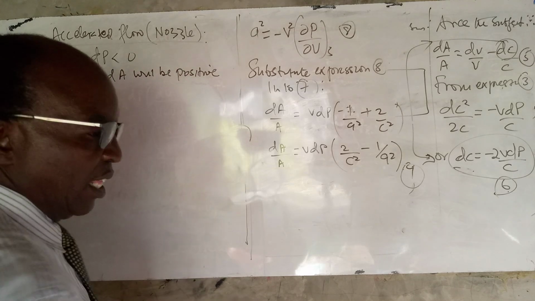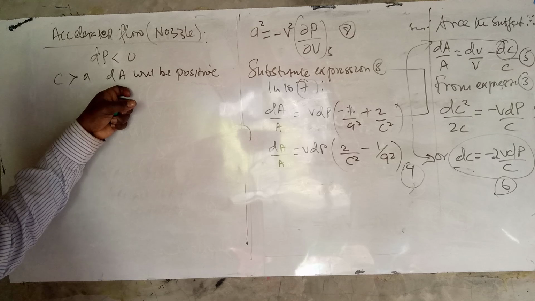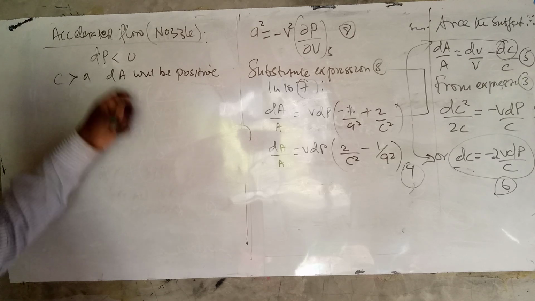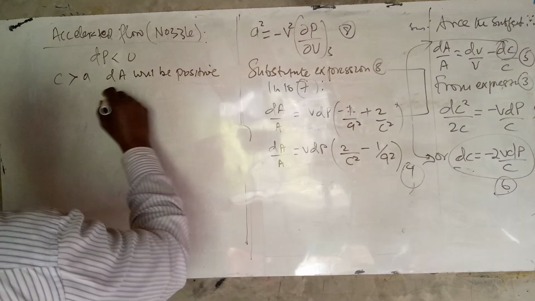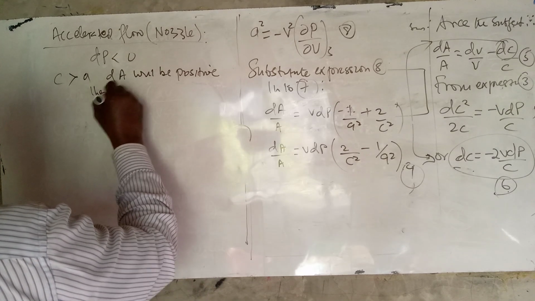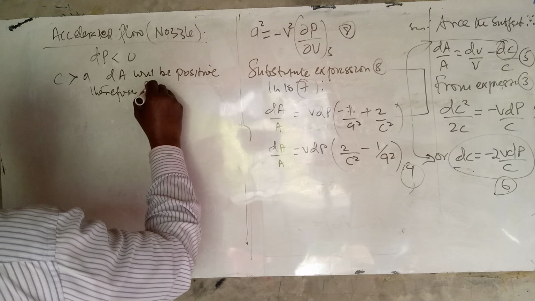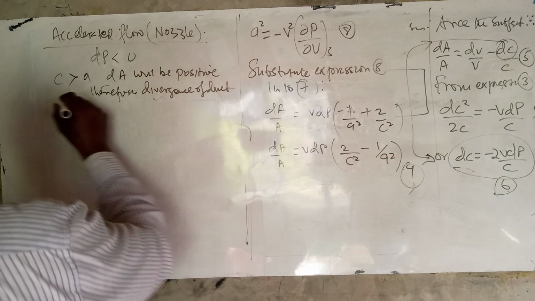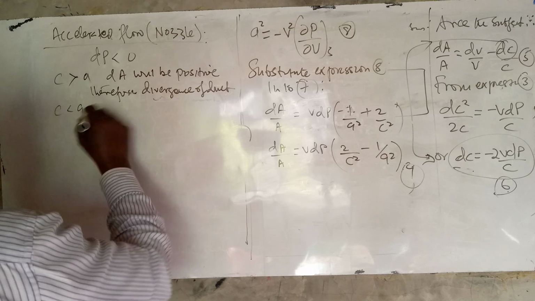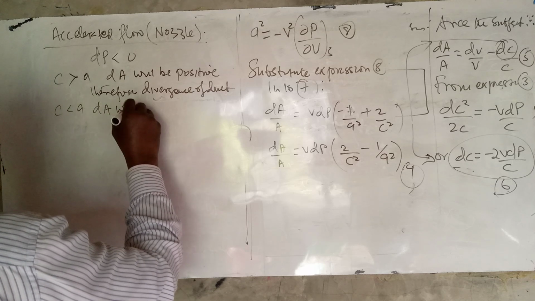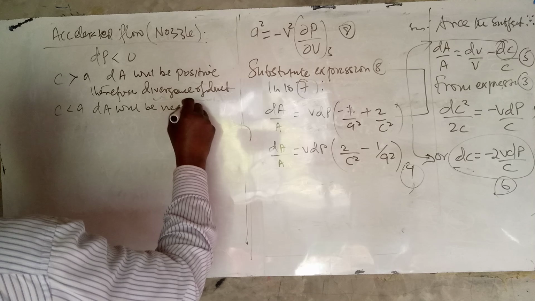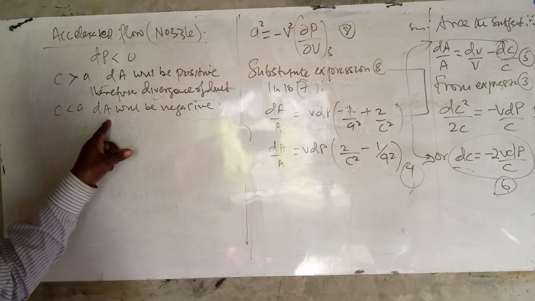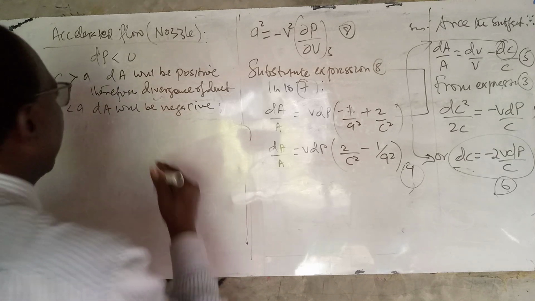It means that the final area is greater than the initial area, so we have divergence of the duct. And when C is less than A, dA will be negative. Again, the final area will be less than the initial area, so we have convergence of the duct.